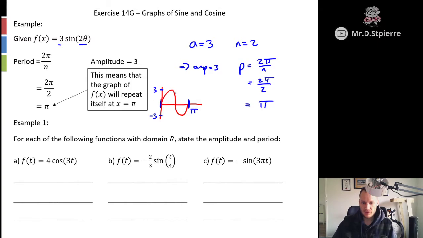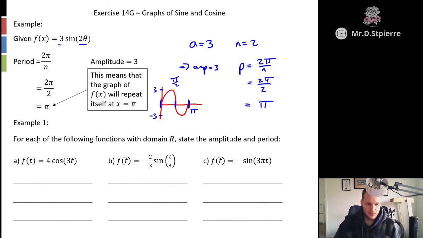And then you could break this down further. You know that this transition point is halfway round, so that needs to be half of our period, so that's pi on 2. And then you could split this further down into quarters if you want to label certain points. But that's the general idea. As soon as you identify the amplitude and the period, sketching becomes much, much easier.